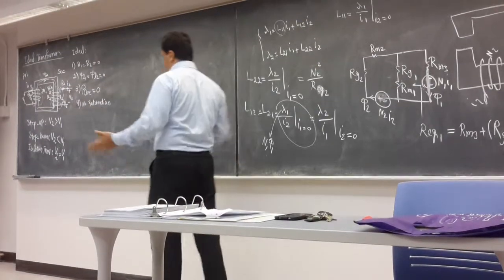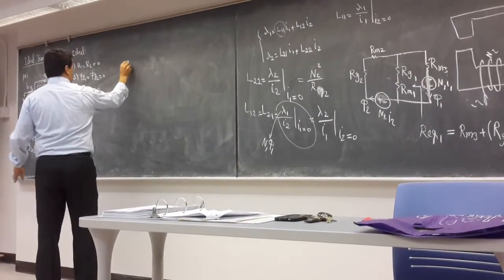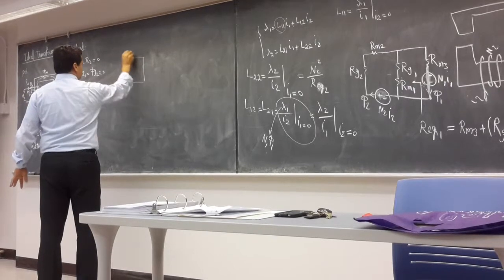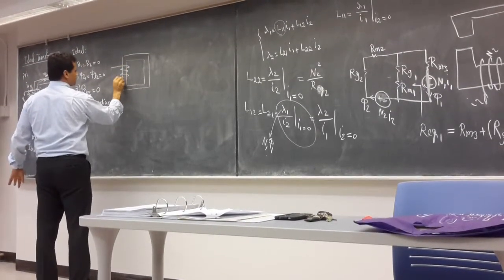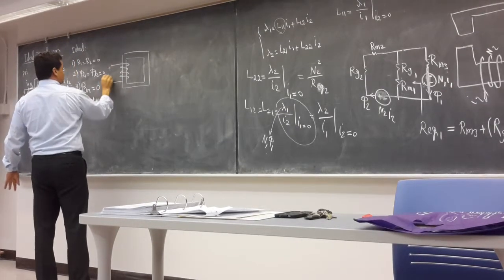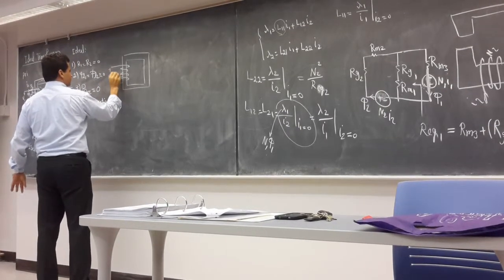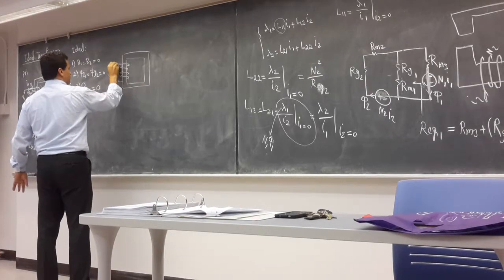Now, if it's ideal, let me draw this circuit. It's going to be like this. There is no resistor.